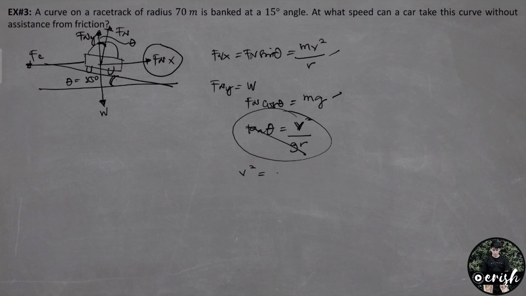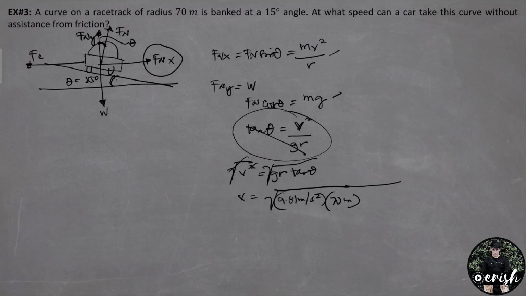Velocity square is equal to gravity times radius tangent theta. Square root na magkabilang side. Velocity is equal to the square root of 9.81 meters per second square times the radius na 70 meters times tangent theta na 15 degrees.